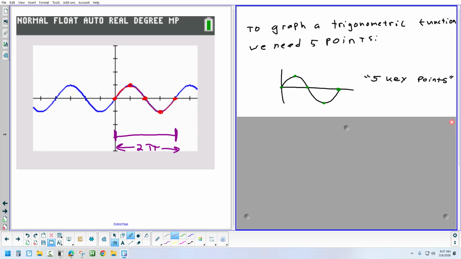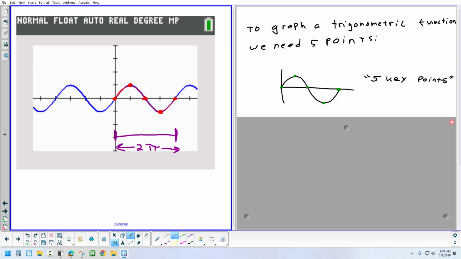So let's think in degrees for a second, how far apart all these points would be. It's easier to think in degrees for a minute. If you start at 0 and you end at 360, that's going to give you a first section, second section, third section, and fourth section.